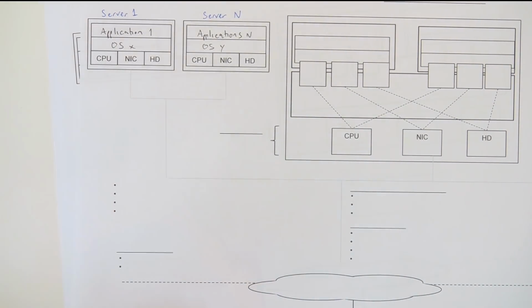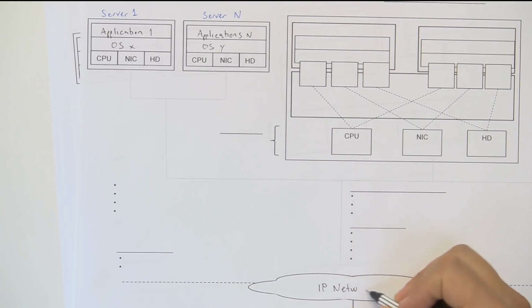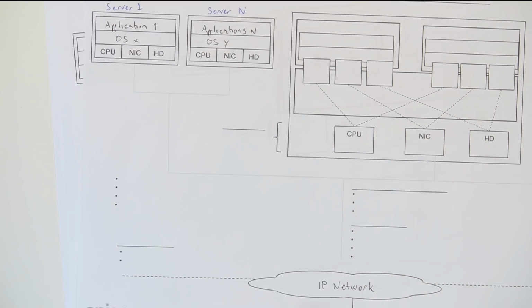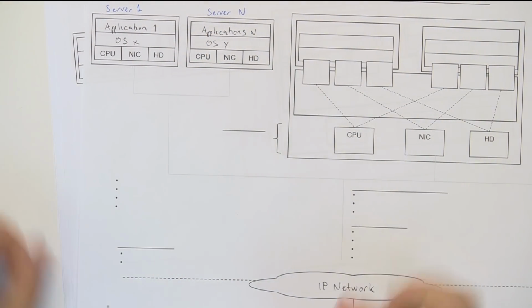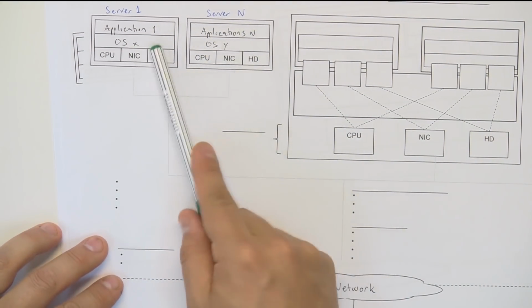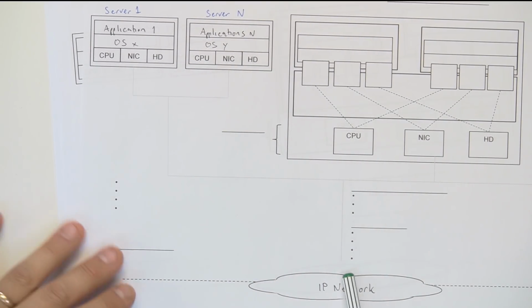In fact, let's put IP network in here, just so as not to confuse ourselves. IP network, like this. And then we can use the green pen to connect these 2 physical servers along these sort of grayed out lines down to the IP network.